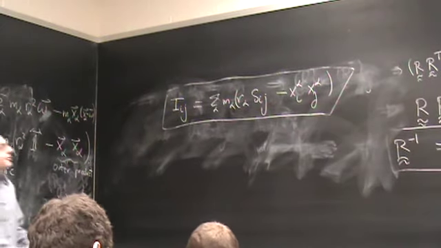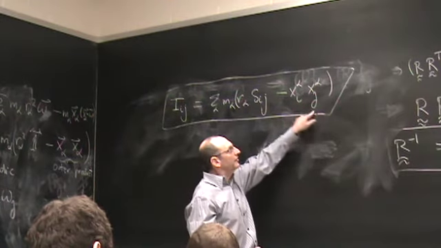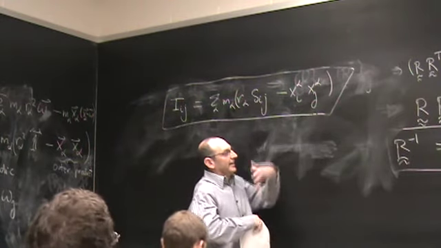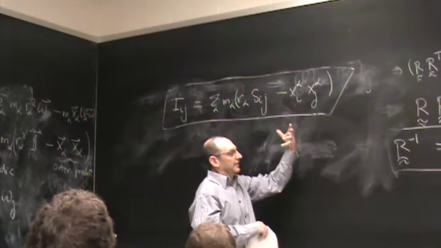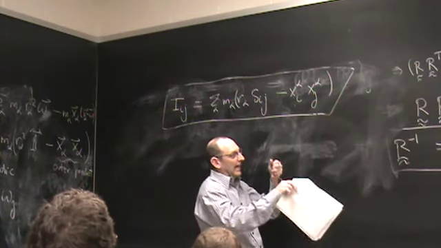Okay, so this is the outer product. When I take the outer product of 2 vectors, I get a matrix. Take the inner product between 2 vectors, I get a scalar.